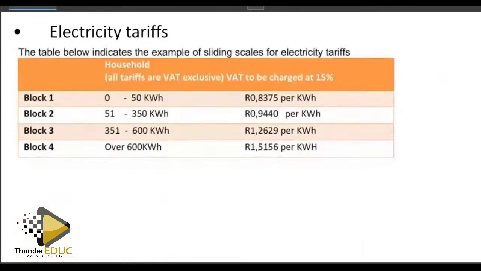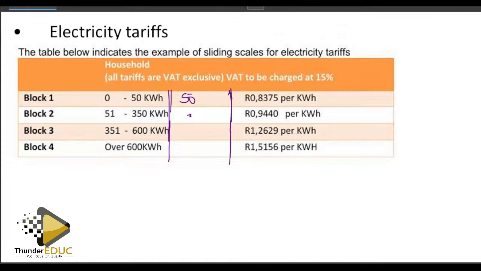We have a table here. This is how it will probably look. Here we have block 1. For those who have done water tariffs, each block has a maximum. So block number 1 takes 50 kilowatts. The moment you exceed 50 kilowatts, the remaining amount is pushed into block number 2.